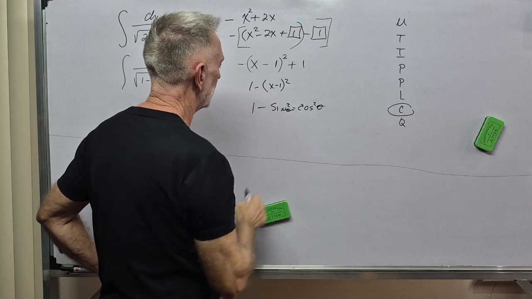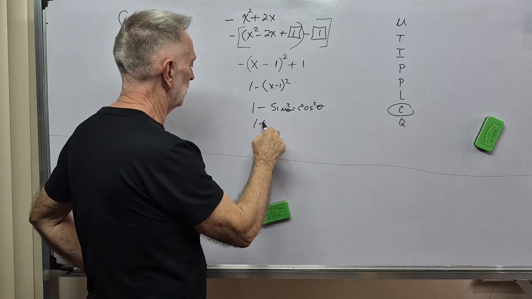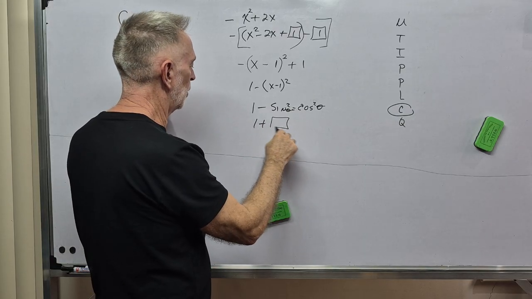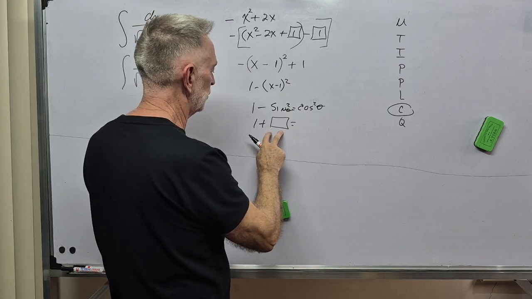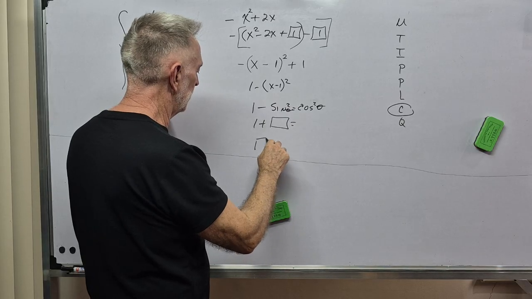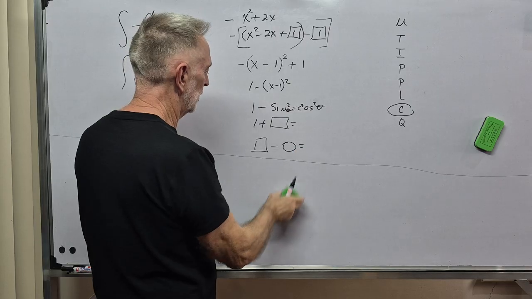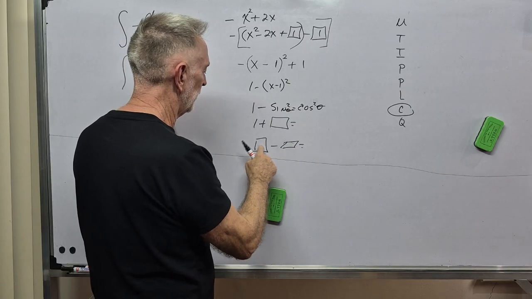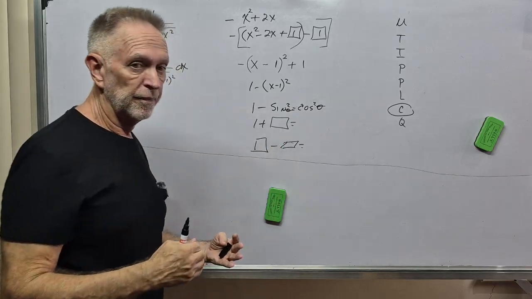If it's 1 plus something, maybe that's tangent. If it's some number minus something that's not 0, maybe that's secant.